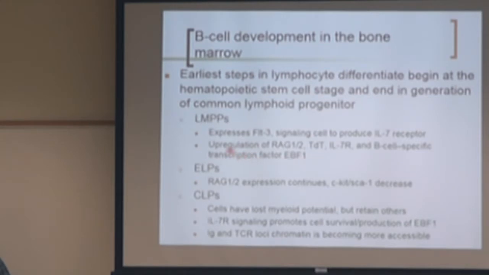But the things that you need to know for LMPPs are that they start to make IL-7 receptor, which you now need to become a B cell. ELPs now start to express RAG1 and RAG2 that we need for recombination events to occur in the chromosomal DNA, and then the CLPs have now lost their myeloid potential but retain other potential.